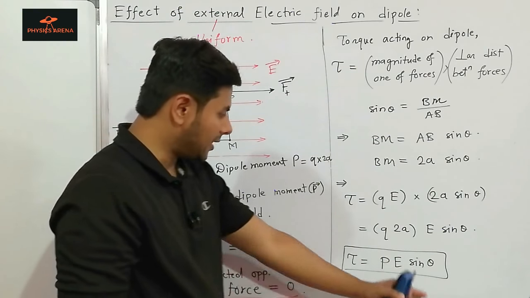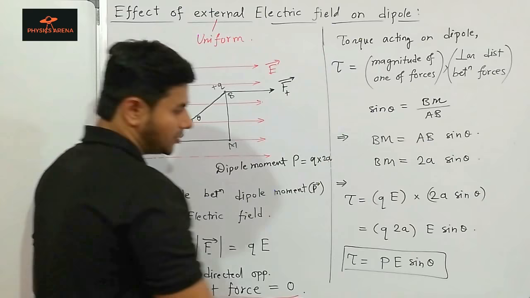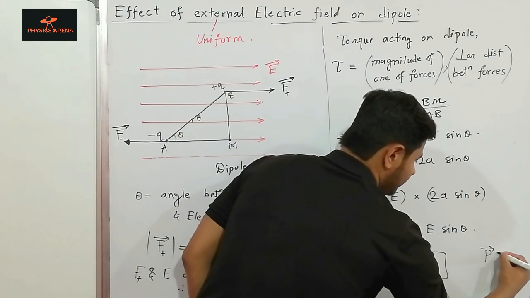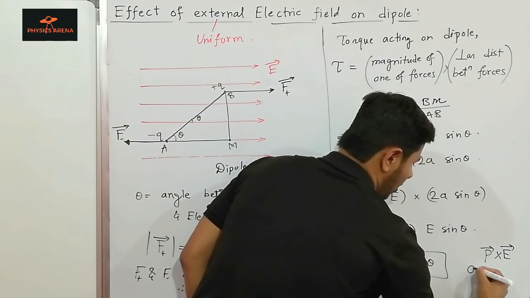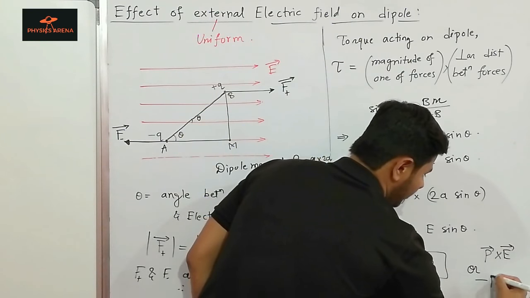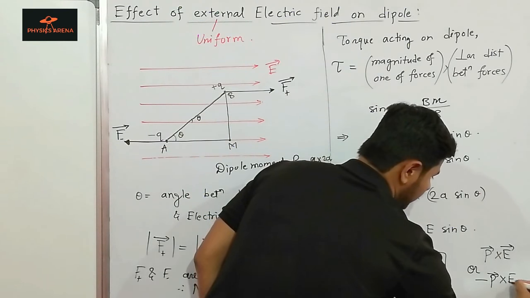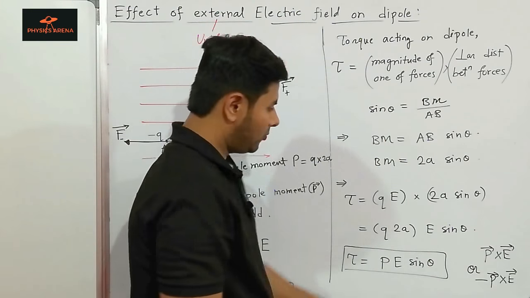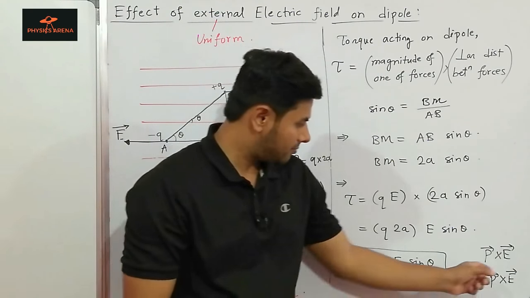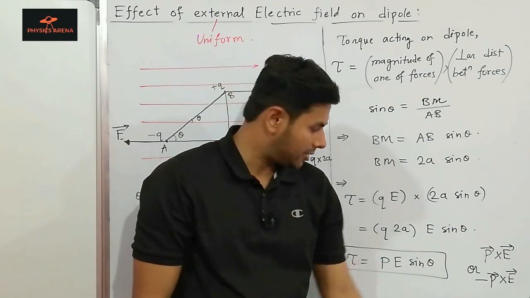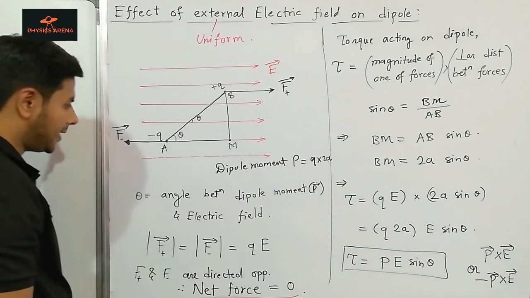So on the right hand side, either we'll have P cross E, or we'll have minus of P cross E, that is E cross P. So we have to check whether it is P cross E or minus P cross E. Let's check that.